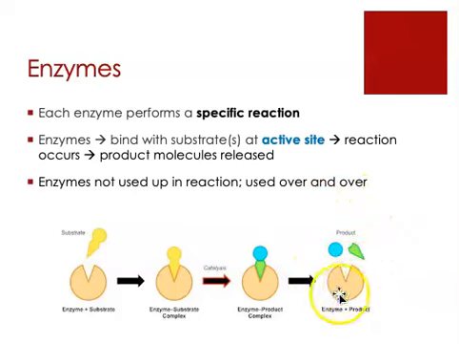Now the enzyme is ready to do it all over again. This new substrate will come in and bind to the active site. Old bonds will be broken, new bonds will be built, and product will be produced. That product is not going to fit very well into that active site, and so it gets released. And the enzyme is ready to do it all over again.